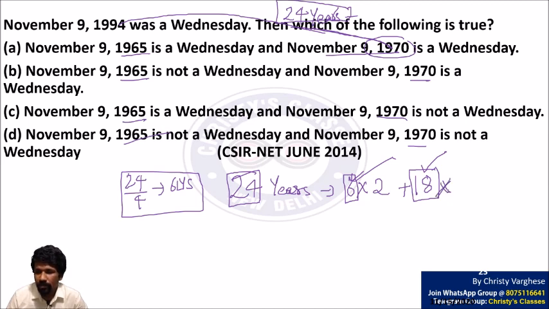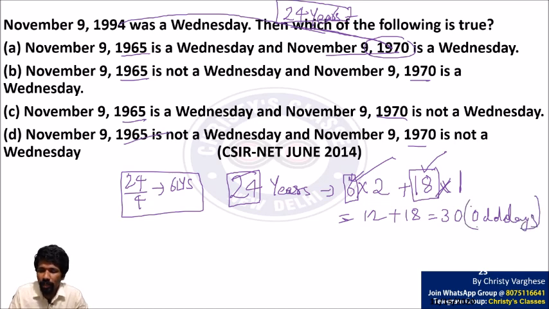Ordinary years have 365 days, that means 1 odd day only. So 18 ordinary years have 18 into 1, 18 odd days. So 6 into 2, 12, plus 18 into 1, 18. 12 plus 18 is 30. So total 30 odd days will be there.